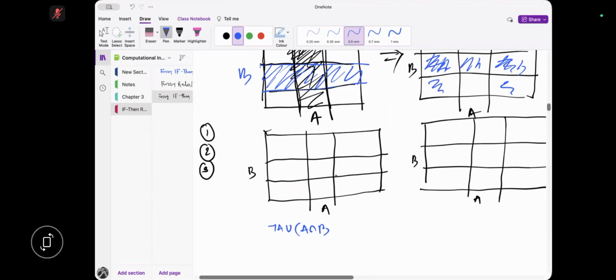This is A, this is B, and this is A intersection B. A first is negation, so this area is negation. I have taken union with A intersection B, which will be this area. So the answer will be this area along with this area. Right?